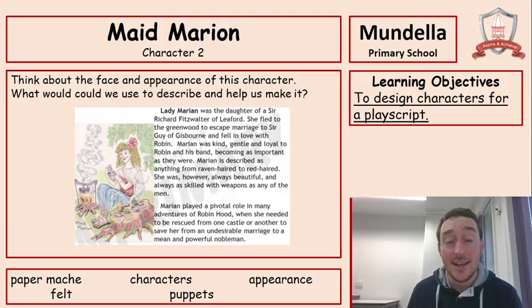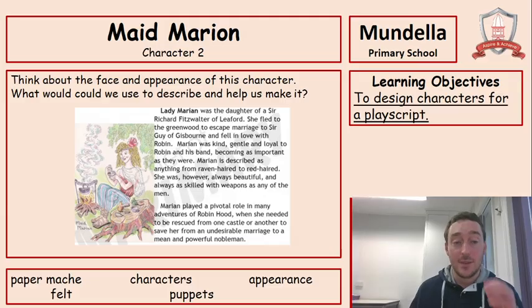So you need to decide which characters you will be using in your play and making a paper mache puppet. So if you want to do Maid Marion character 2, pause the video here, read the information, come up with some adjectives, and then go through those steps again that we went for with Robin Hood.